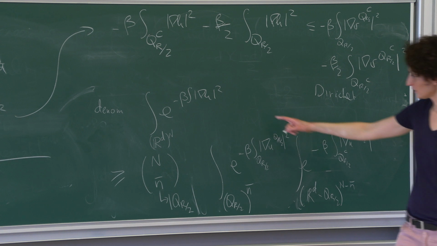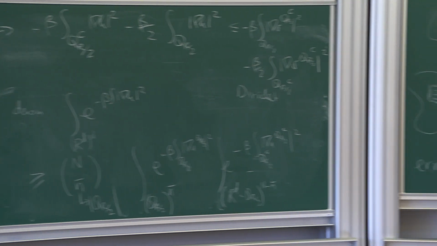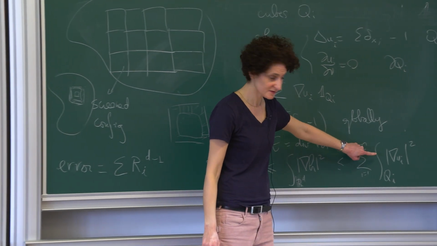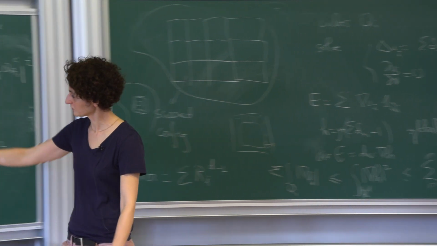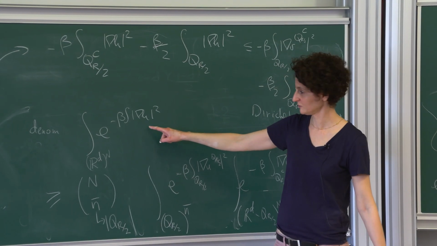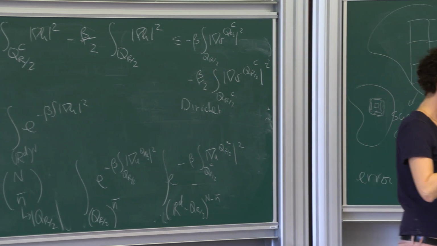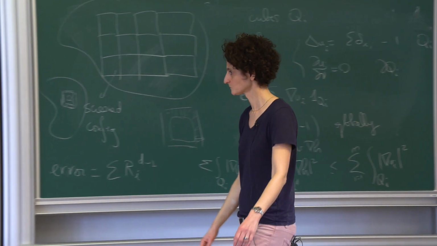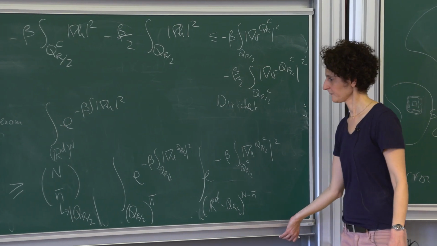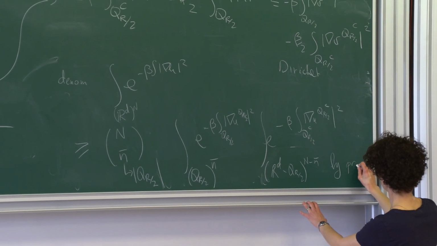So why can I bound like this? Because I have my projection property here. I can always bound this from above by the sum of the Neumann energies. So if I bound this from above by the sum of the Neumann energy, I bound this thing from below by the sum of the Neumann energies, and now these two things become independent. So this is by projection property, if you want.